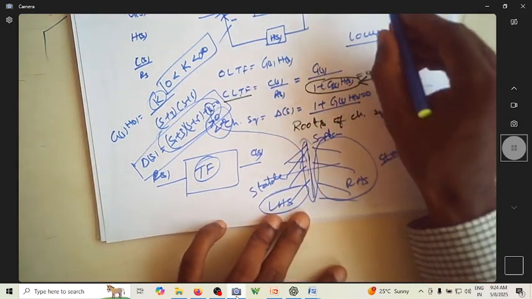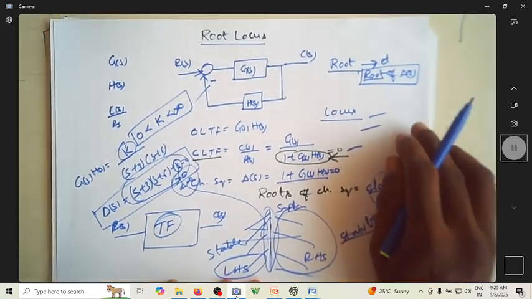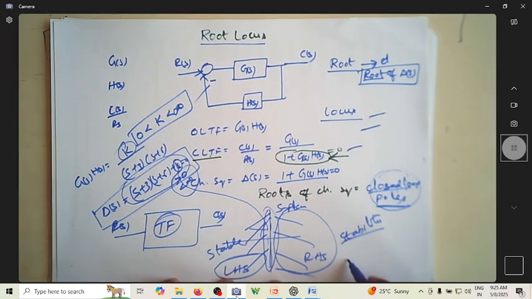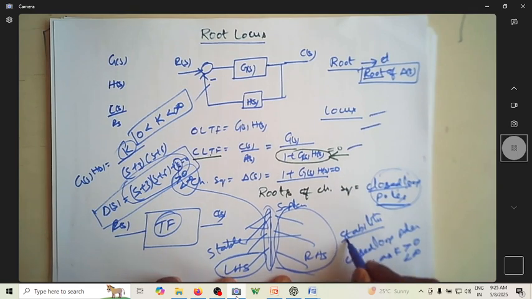So what will this root locus do? This root locus will tell us how the closed loop poles move as K goes greater than 0 but less than infinity. This is nothing but root locus.